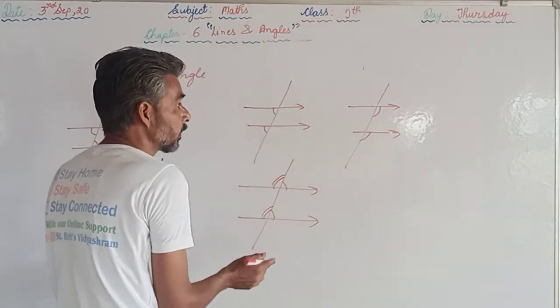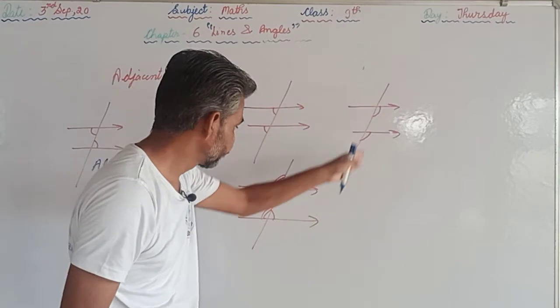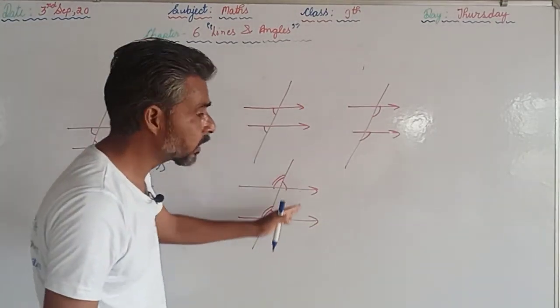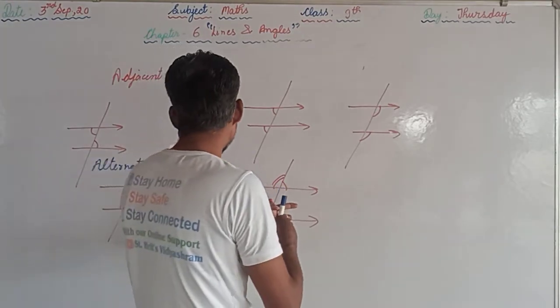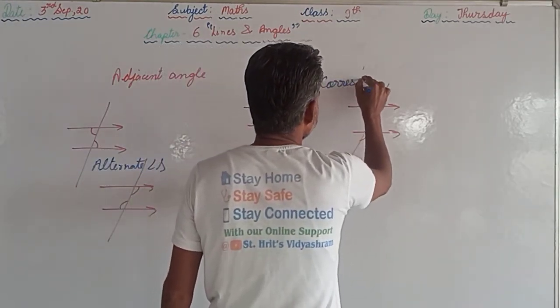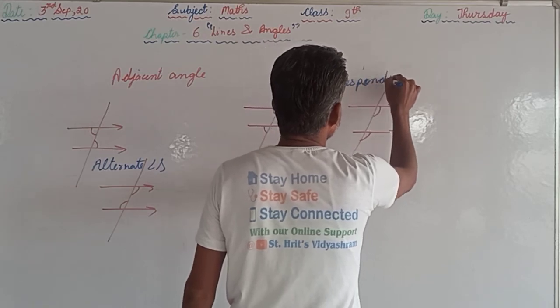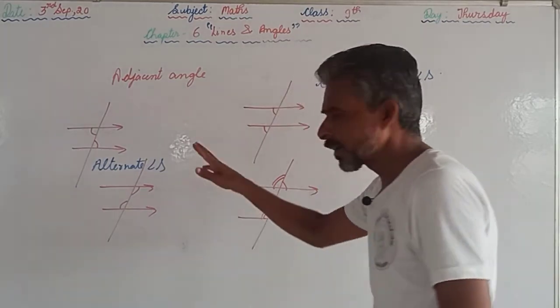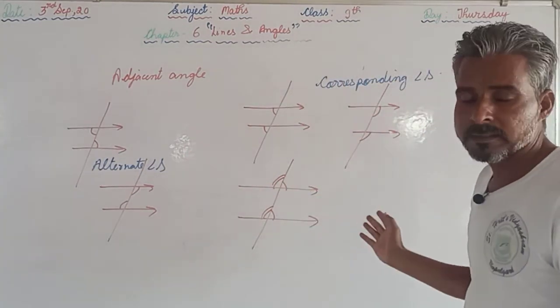These are on the same side. Those were on the opposite side of the transversal, these are on the same side. These are known as corresponding angles.